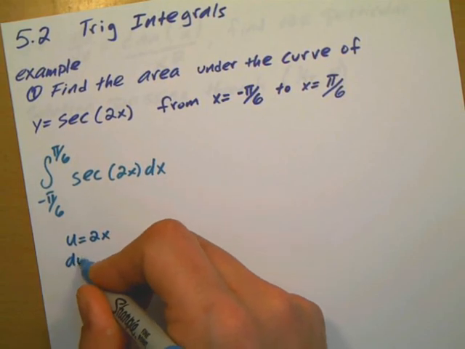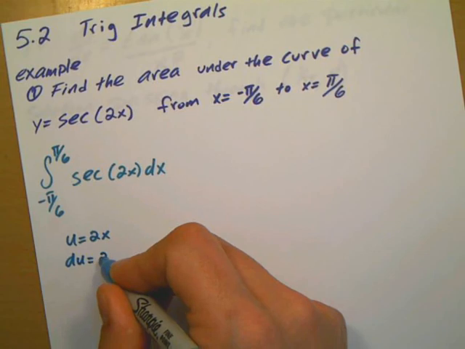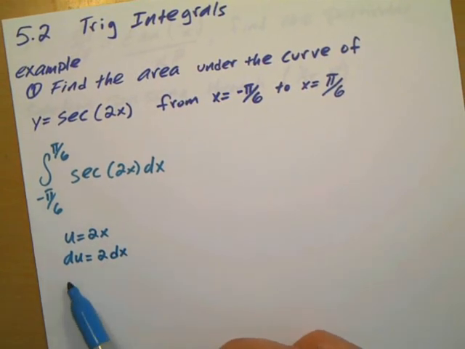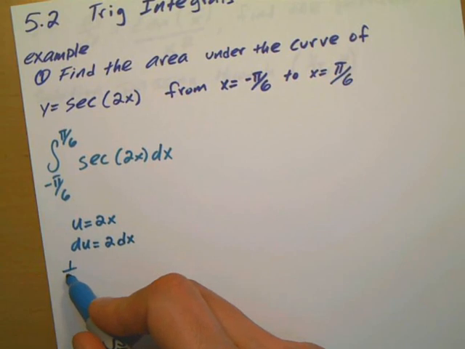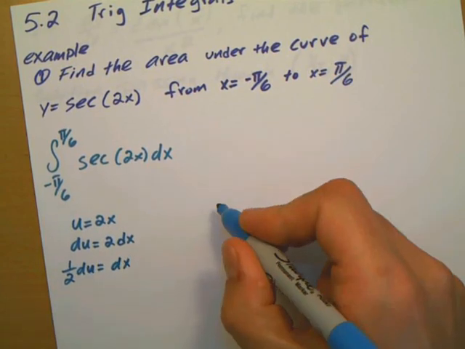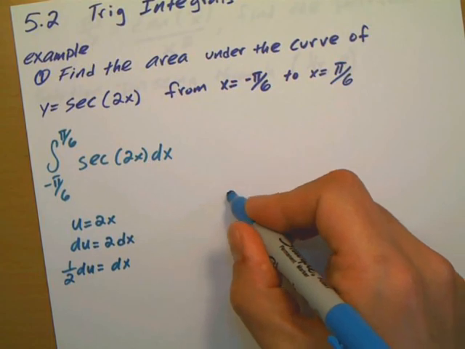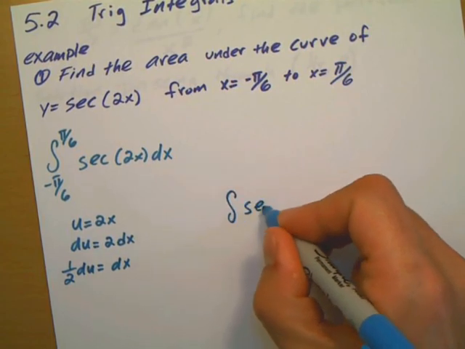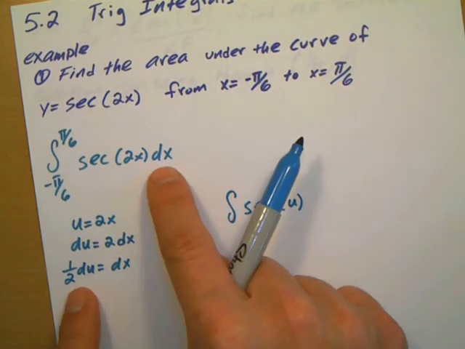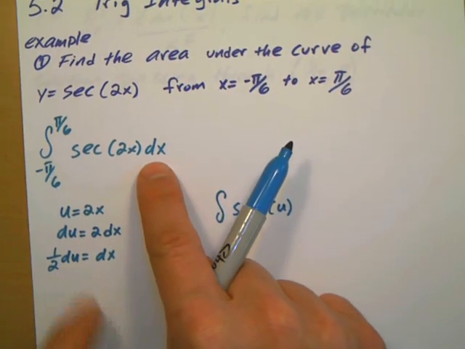The derivative with respect to x is just going to be 2 dx. I don't have this 2, so I'm going to divide it over. So now my integral is going to be the integral of secant of u, and the dx gets replaced with 1/2 du.